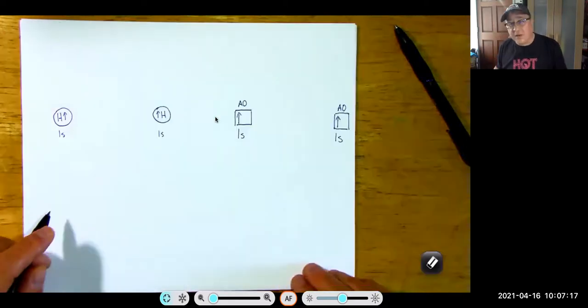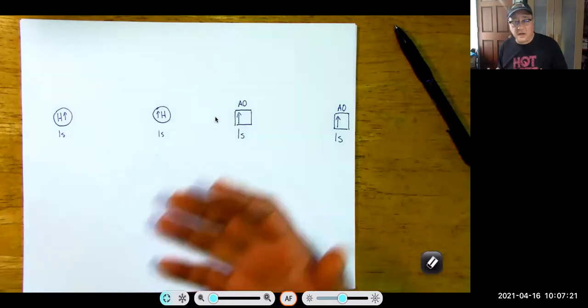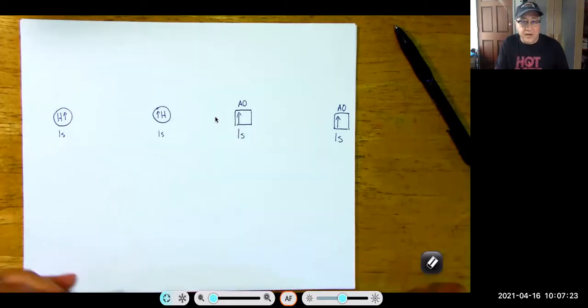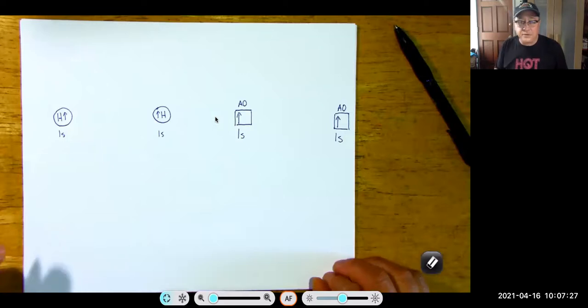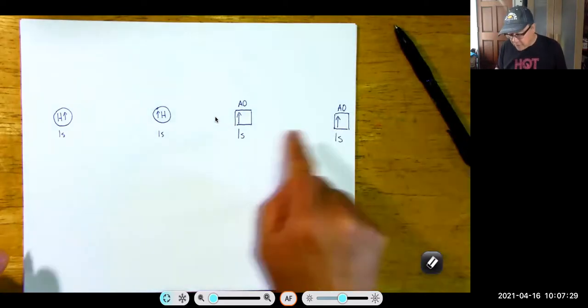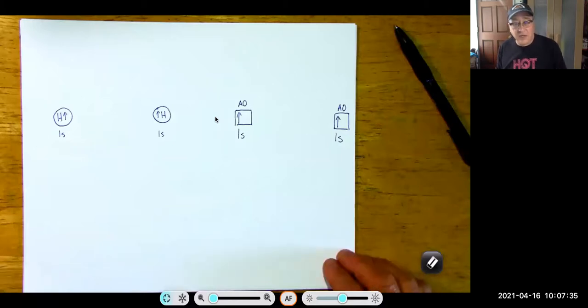If you had 3 atomic orbitals, you could make 3 molecular orbitals. If you had 4 atomic orbitals, you could make 4 molecular orbitals. So we're going to make 2 molecular orbitals out of this. When you make the molecular orbitals, you make one bonding molecular orbital and one anti-bonding molecular orbital.